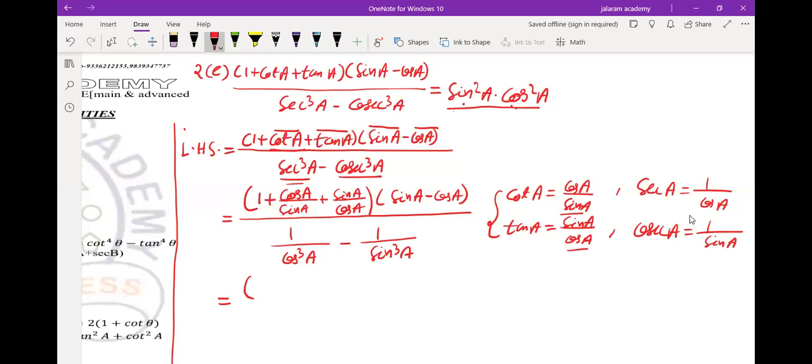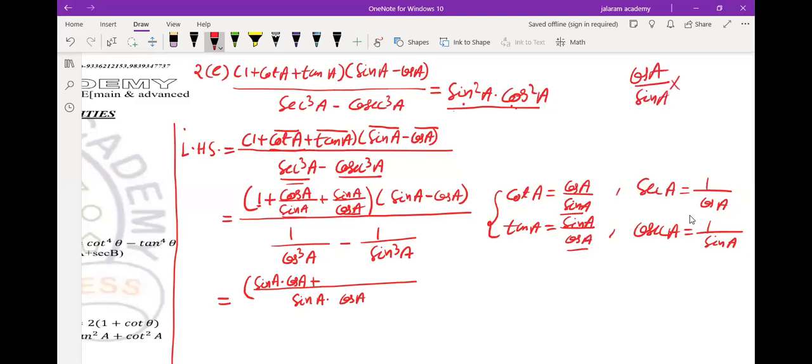Now we will take the LCM of the denominators inside the first bracket. There are two terms, sin A and cos A, so sin A cos A is the LCM of the denominator. It will be multiplied to the first term 1, so it becomes sin A cos A, plus cos A by sin A is the second fraction.